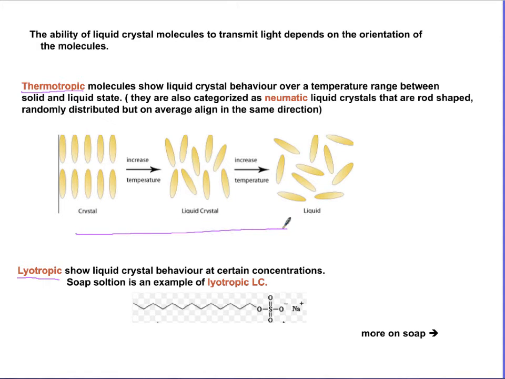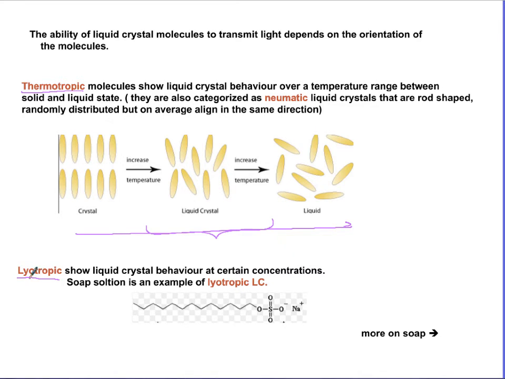So as you change the temperature, there is a portion of temperature where the liquid crystal comes to life. Thermotropic is also known as nematic liquid crystal. Nematic LCs are those crystals that have rod shape and some random direction, but still overall it's in one direction. So thermotropic are those rod shaped LCs that function over a range of temperature.